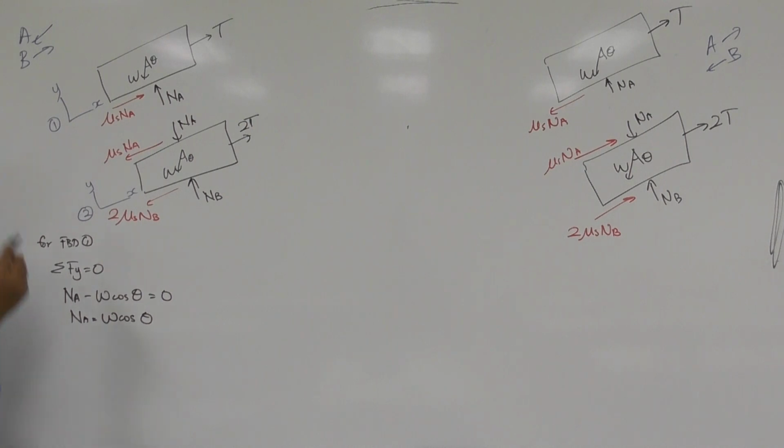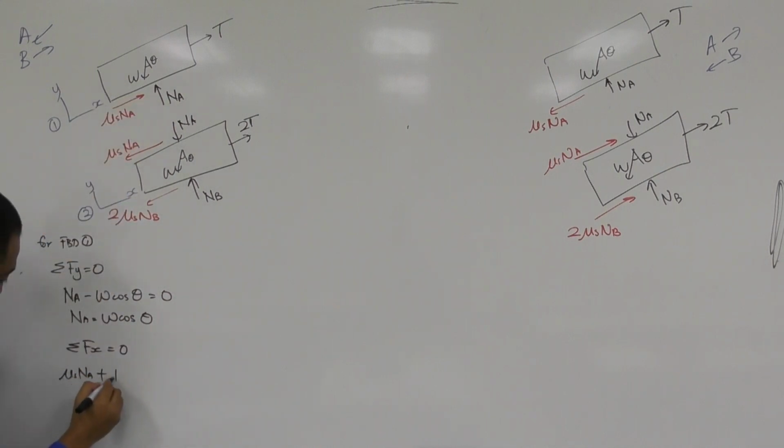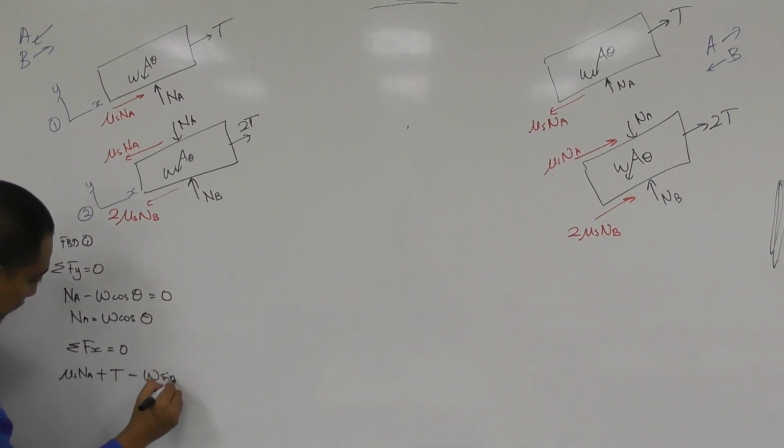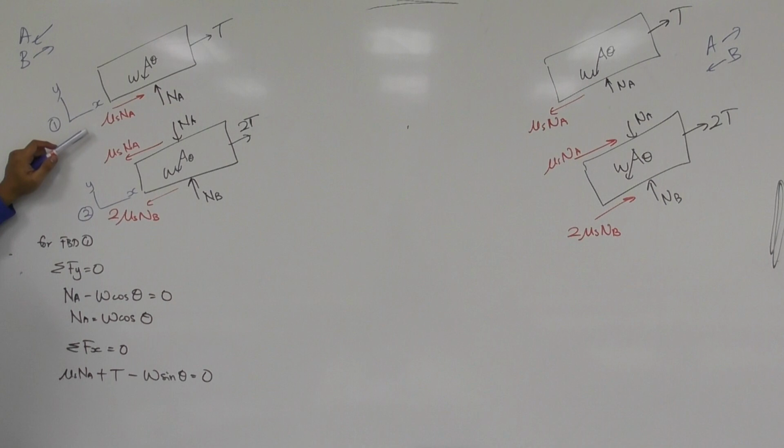Right. So if we do a summation of Fx equal to 0, you have mu s NA plus T minus W sine theta equal to 0, right?